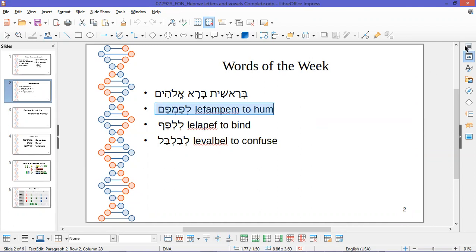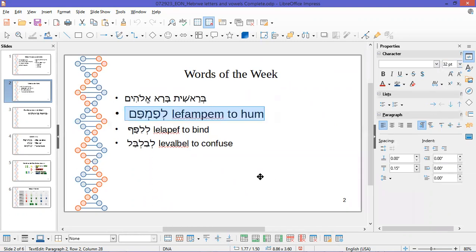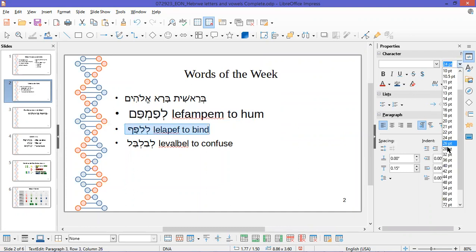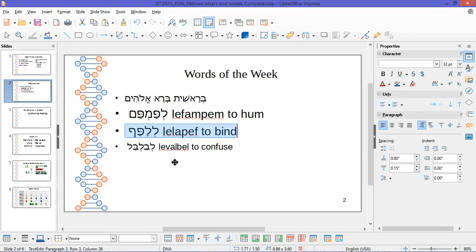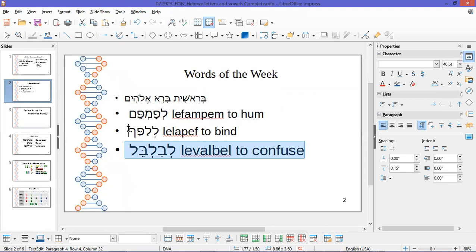Perfect. Is that big enough so far, or do I need to make it bigger? Actually, I think I can see it. Yeah, let's do that.